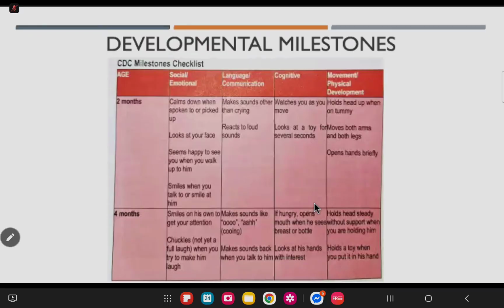Okay. So at age 2 months, for your social and emotional milestones, your baby can already calm down when spoken to, looks at your face, smiles. So this is very common, the smile. This is what you call the social smile when you talk to your baby. Okay. They also make other sounds than crying, and they also look at the toy in front for several seconds.